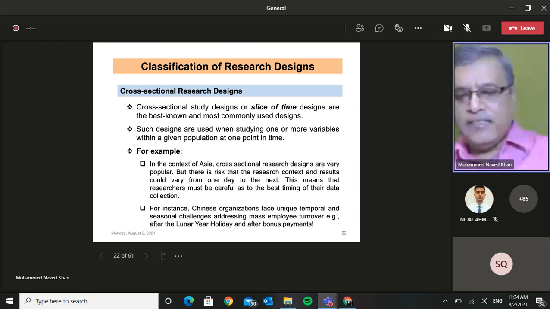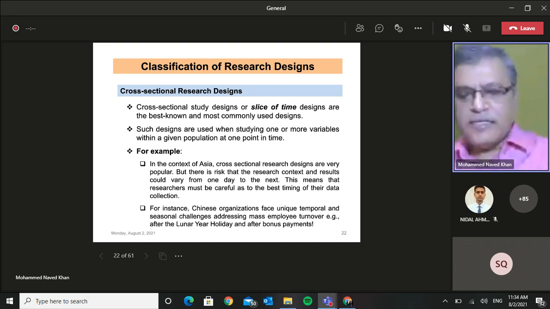The reason why we generally go for these designs is that we as researchers do not have access to too many resources, because longitudinal designs require a lot of expenditure, a lot of money, and resources are tied up in that. And generally longitudinal designs require a lot of time also, which is not available, for example, for researchers who are going in for doctoral work or writing a research paper.